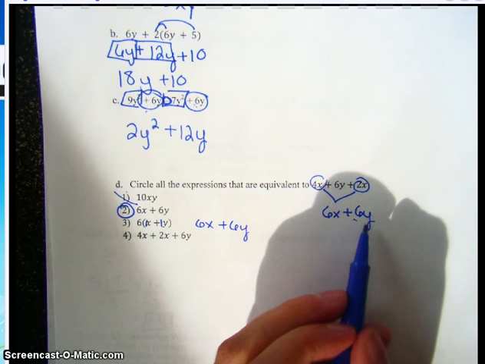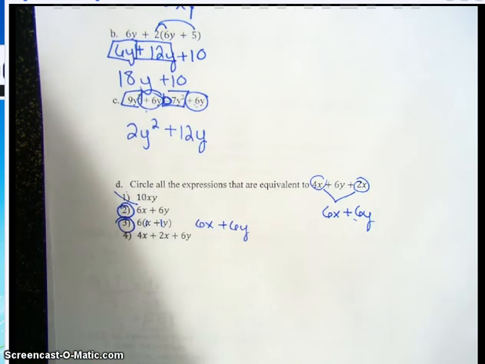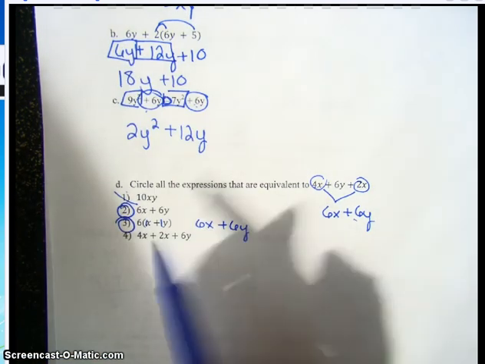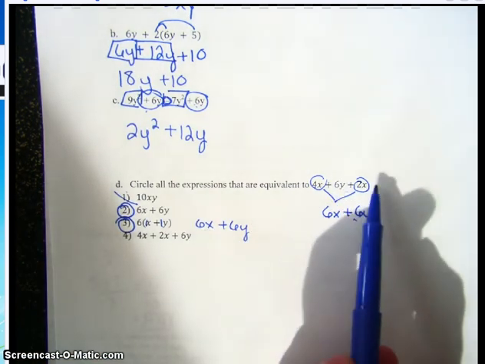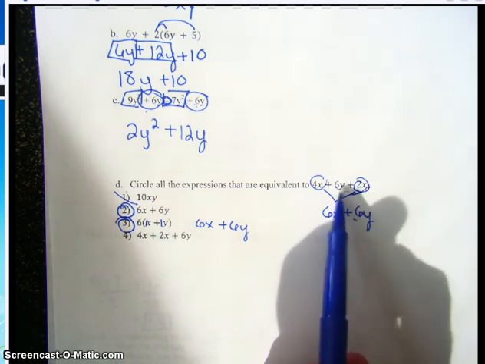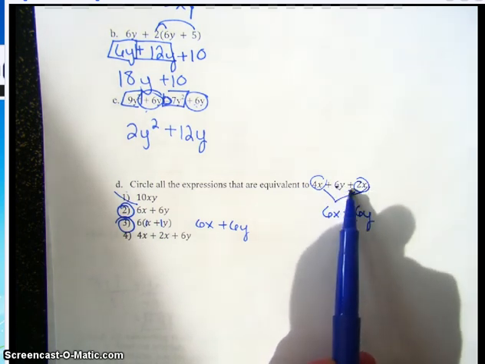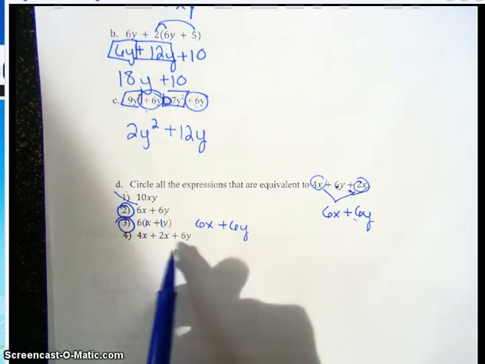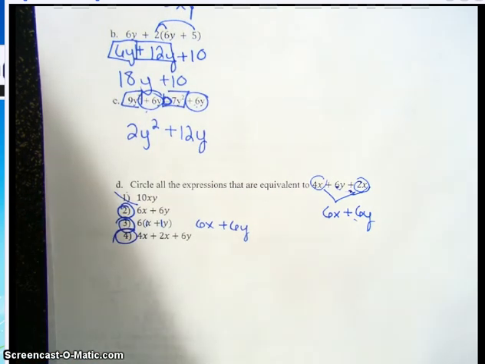Hey, that's what we have here. So that is the same. And this one, I'm just seeing that they switched this 2x and this 6y. Well, that's addition, and addition is commutative, so yeah, that's totally fine. So you should have 2, 3, and 4 on all of those.